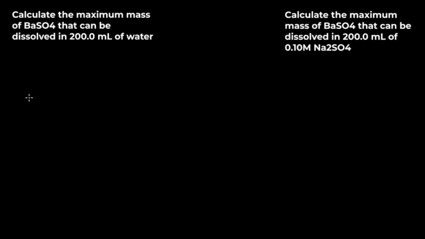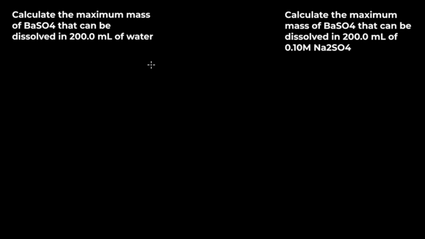okay, so let's go over an example now. This is question 14 from the textbook. I think it's page 262 or something. We'll calculate the maximum mass of BaSO4 that can be dissolved in 200 mL of water.